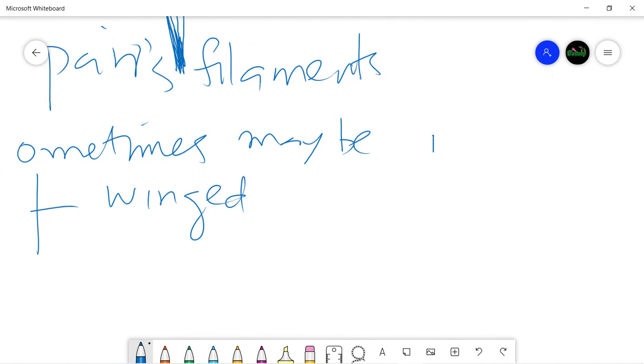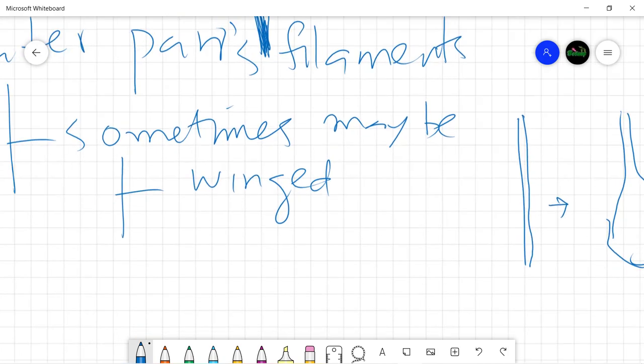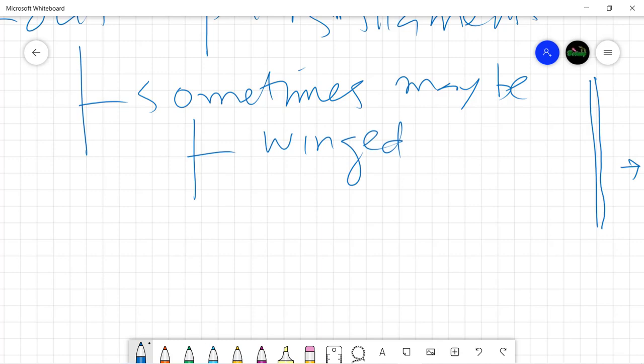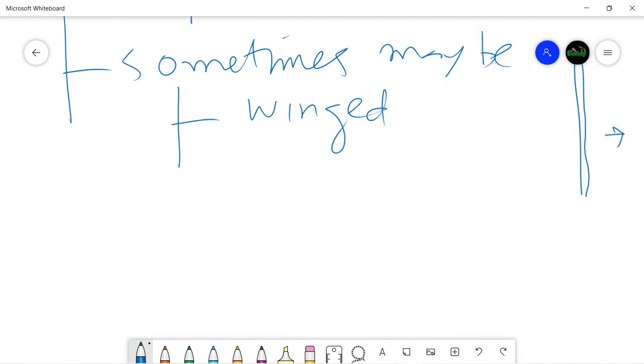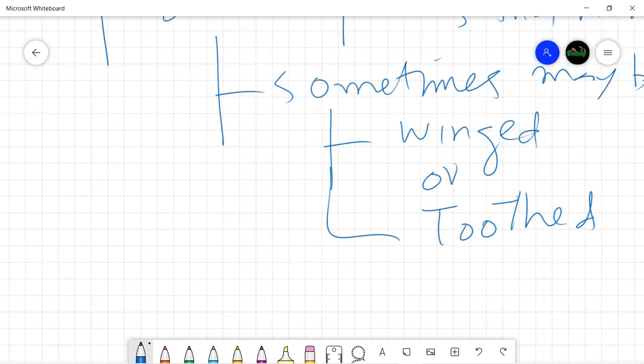So for example, this is a normal filament, and in this case now its base is expanded, now it is called winged. So the two outer shorter filaments, or the filaments of the shorter stamens, may be winged or toothed. But that is not a universal character, it might be there in some genera.